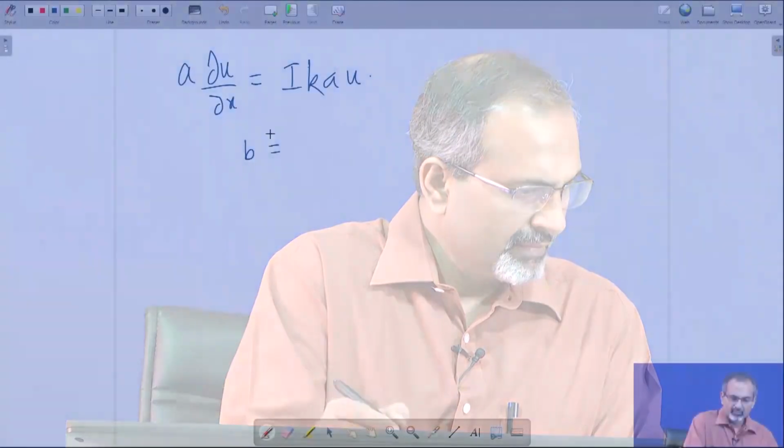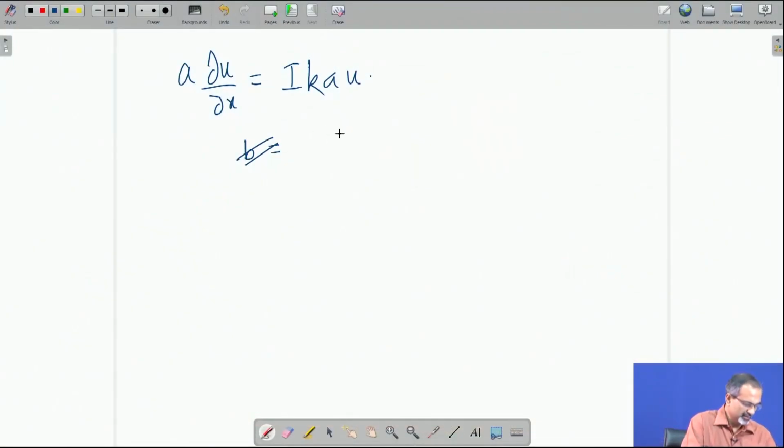Now if you substitute these two forms into the partial differential equation that we are looking at, which is essentially the linear wave equation with a second order dissipation term on the right hand side, then what do we get? We substitute, and we will write it down this way. Del u del t is minus I k a plus b into u, and a del u del x is I k a into u.